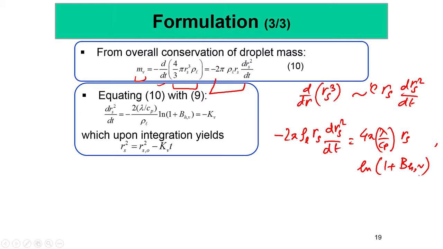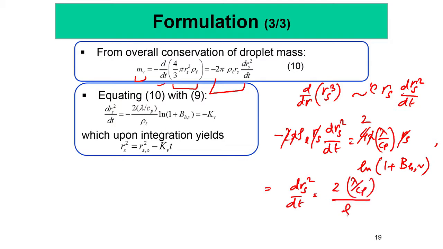Okay. As soon as you do that, a few things cancel on both sides, and you see this Rs cancels. So we get essentially dRs square dt is equal to 2 times lambda by Cp divided by rho L times ln of 1 plus Bhv.